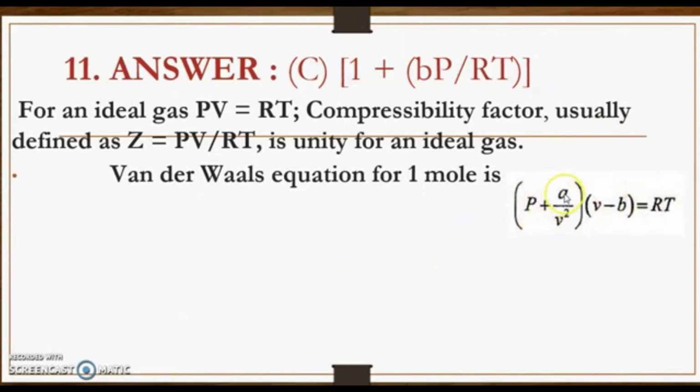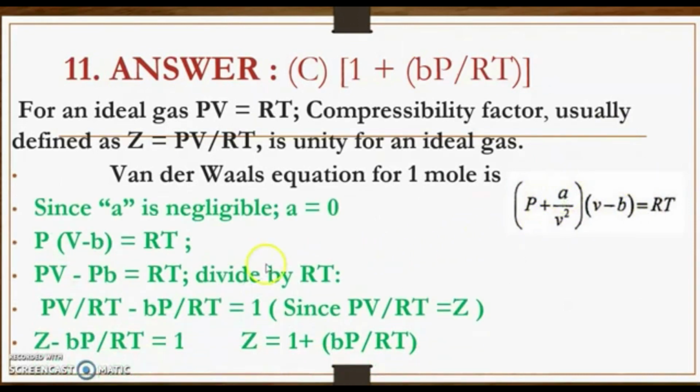Here a is taken to be 0. Therefore, P into V minus b is equal to RT. Then PV minus Pb is equal to RT. Dividing by RT, PV by RT minus bP by RT is equal to RT by RT, which is 1. PV by RT is equal to Z. So substituting the value, Z is equal to 1 plus bP by RT is the answer.